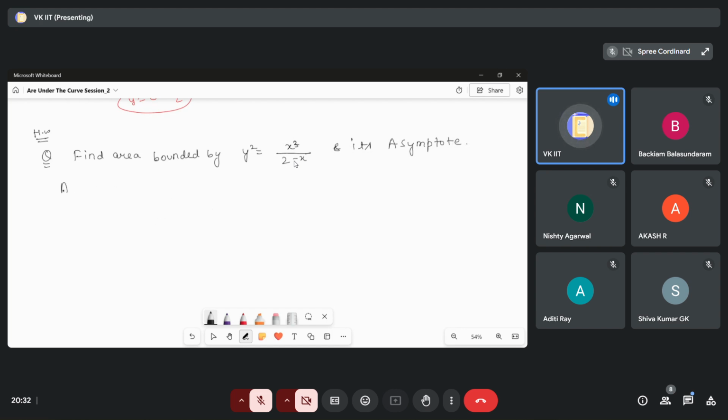Okay, options are given here. I'm giving you the options also. The first option is pi, 2 pi, 4 pi, or 3 pi. Okay, so this is the question. If you have noted, then say yes.